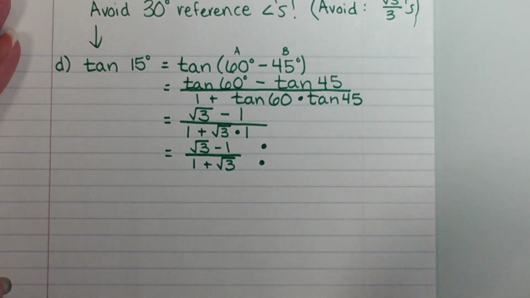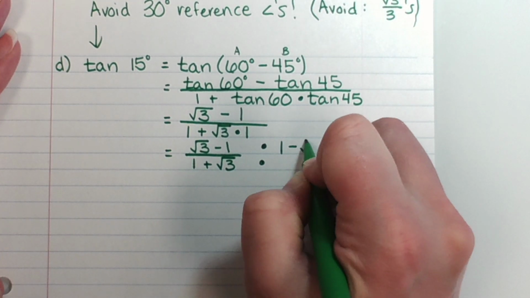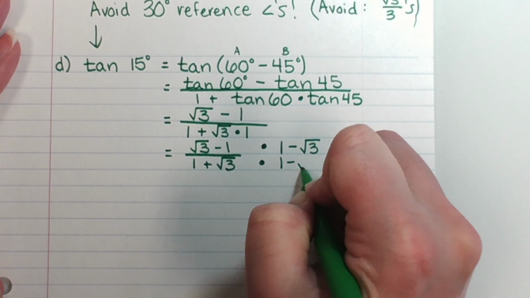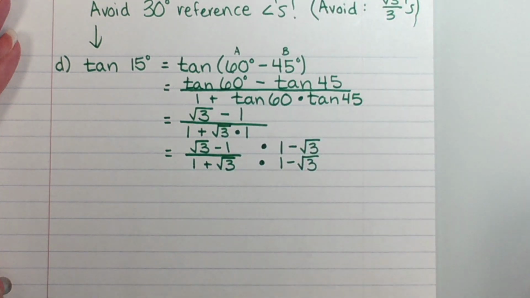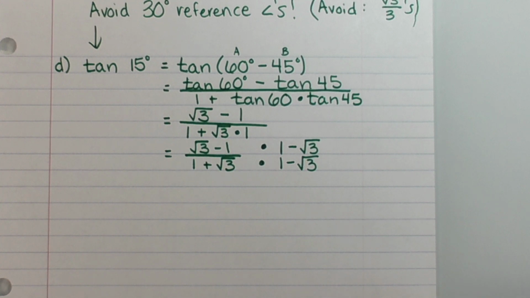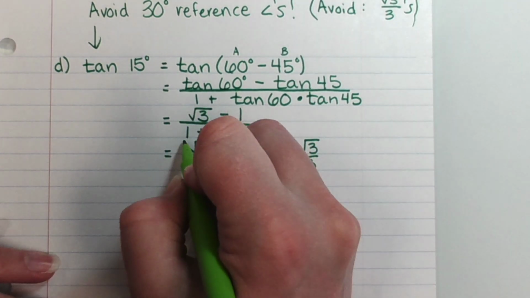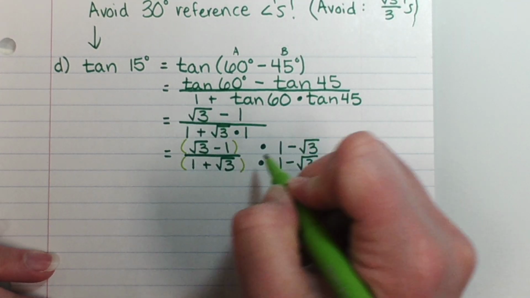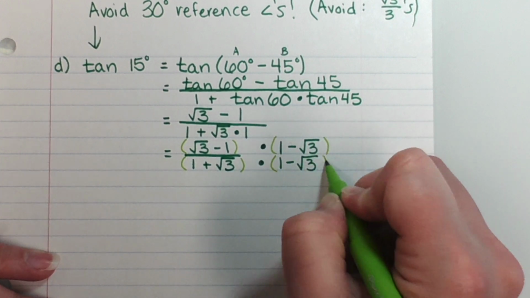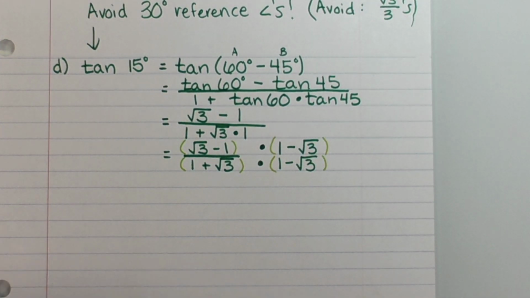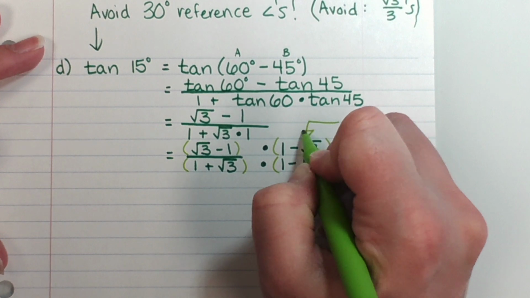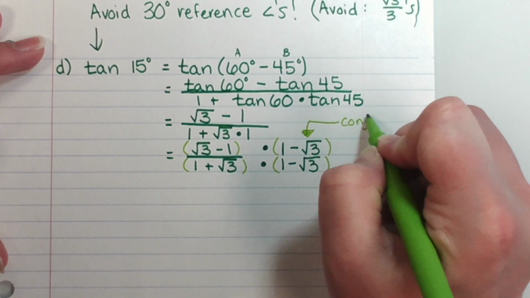Conjugate of the denominator is 1 minus the square root of 3. Remembering that when you're multiplying by something with a plus or a minus, it is technically in parentheses. There's parentheses here, and here, and here, and here. And just a little note to self, that's the conjugate of the denominator.